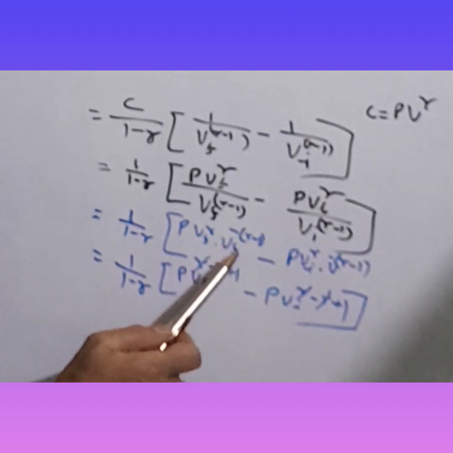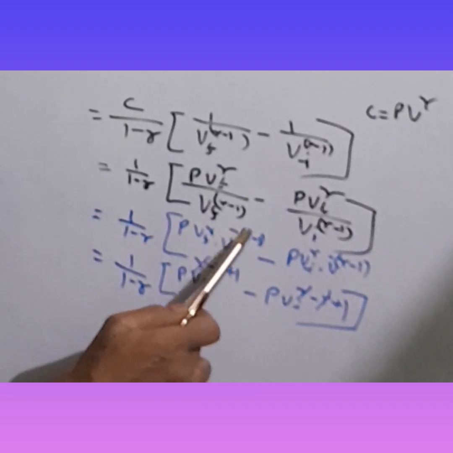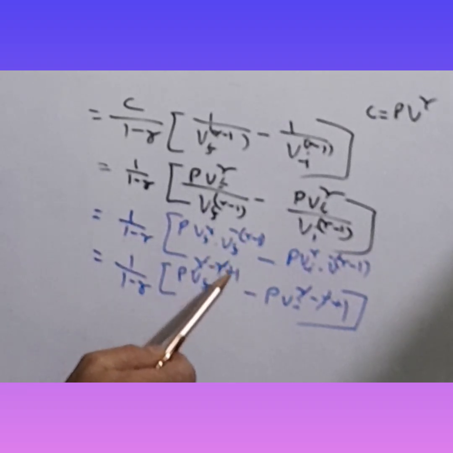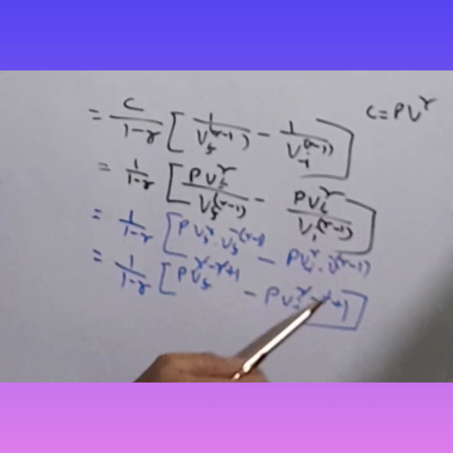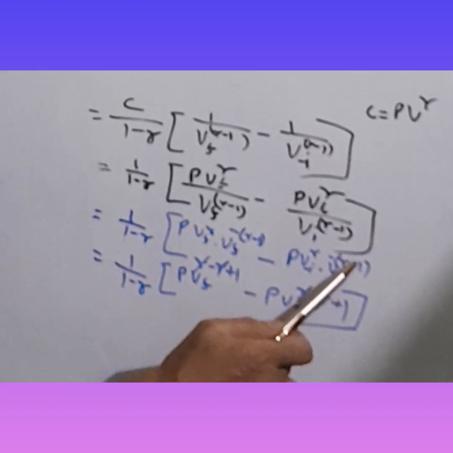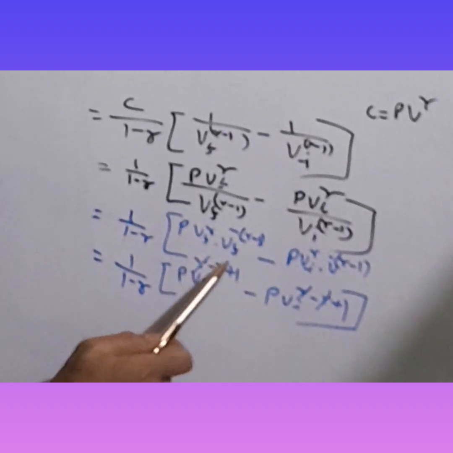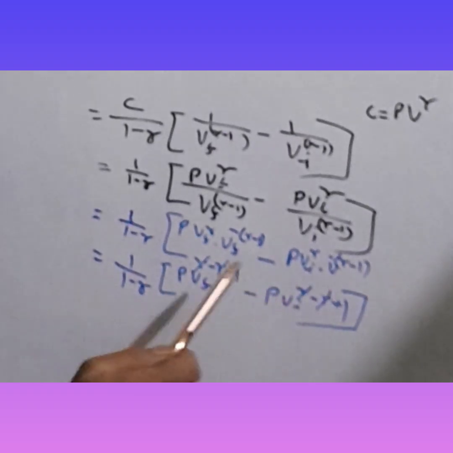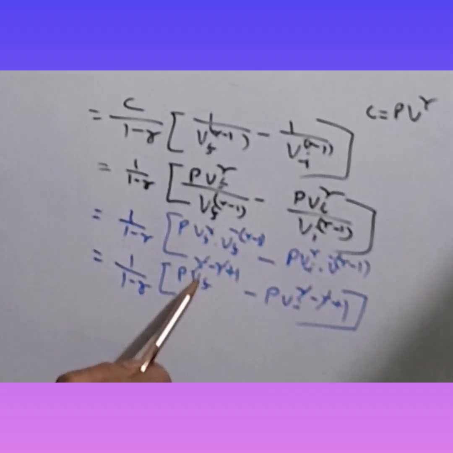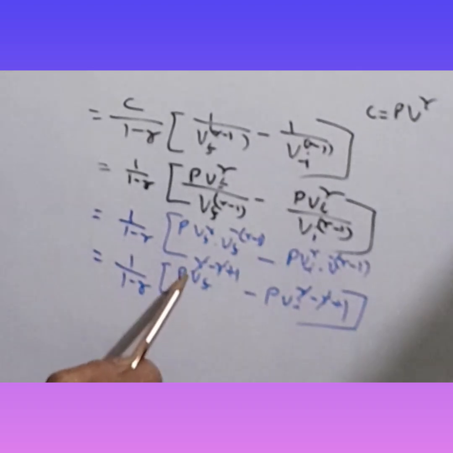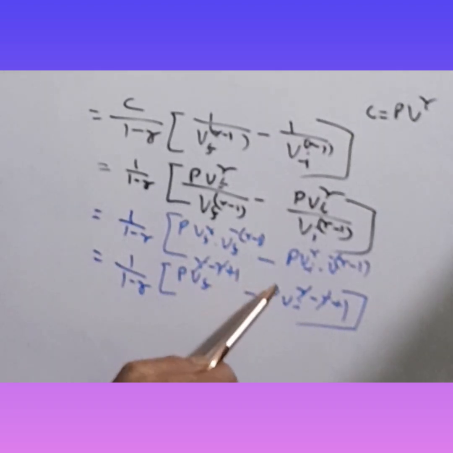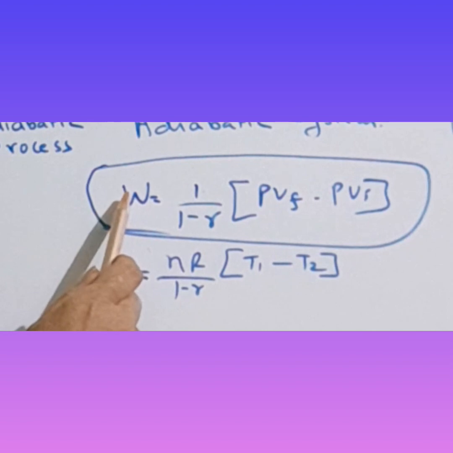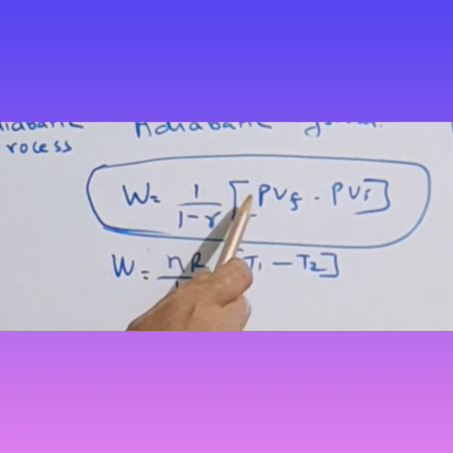When we open the bracket, this becomes minus gamma and minus becomes plus 1. Here also, when I open this bracket, this becomes minus gamma and this becomes plus 1. Gamma gets cancelled. So what we are left with is PVf minus PVi. Work is equal to 1 over 1 minus gamma times PVf minus PVi.